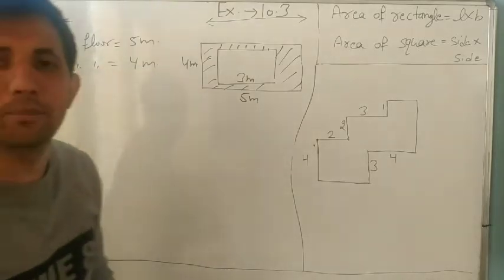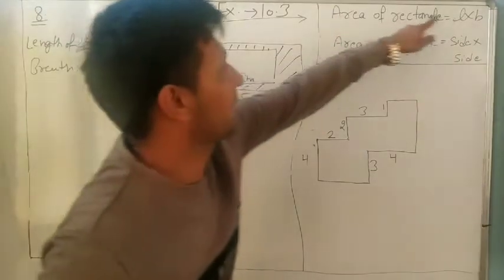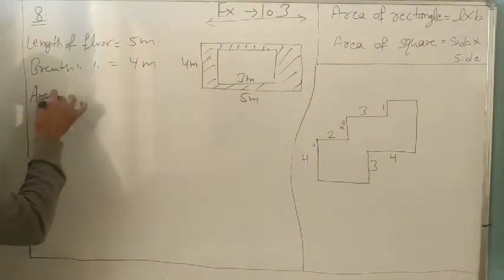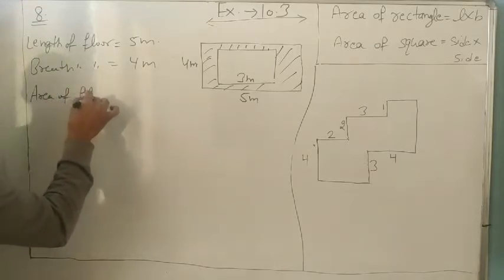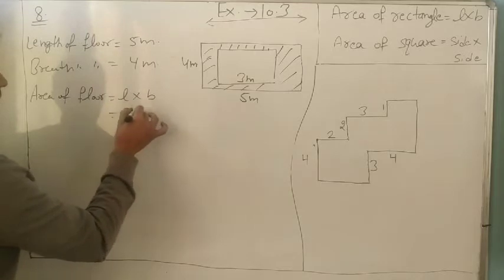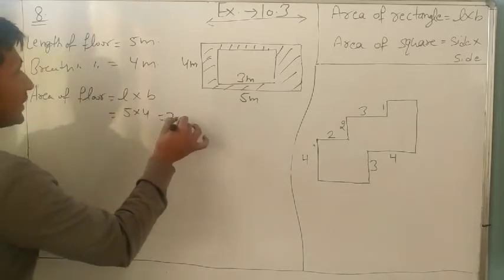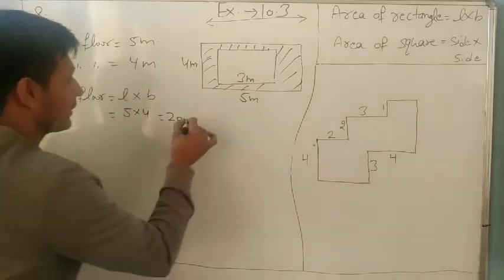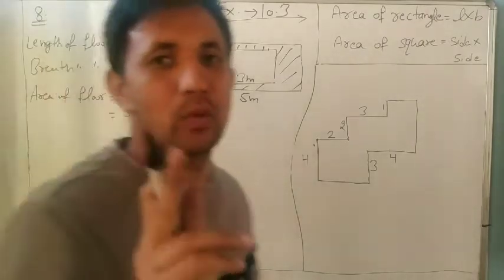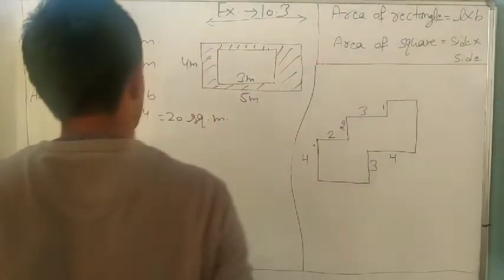The floor is in the shape of a rectangle. Area of rectangle, everyone knows, is length into breadth. Area of floor is L into B, 5 into 4, 20 square meter. Always write area in square meter.